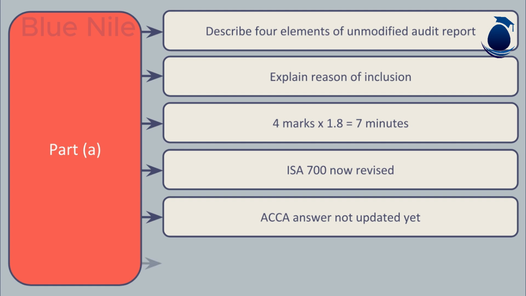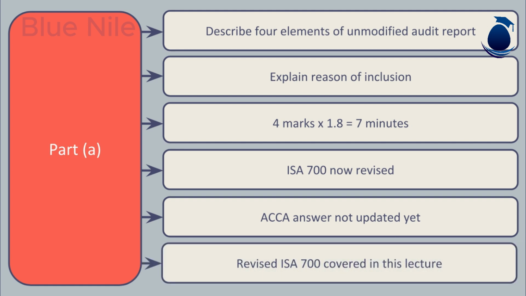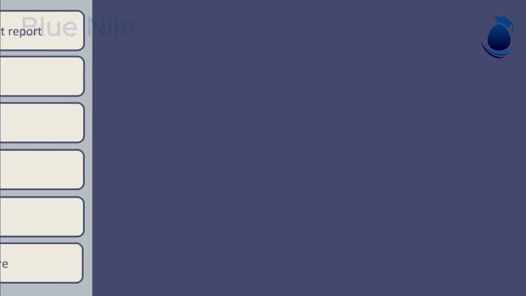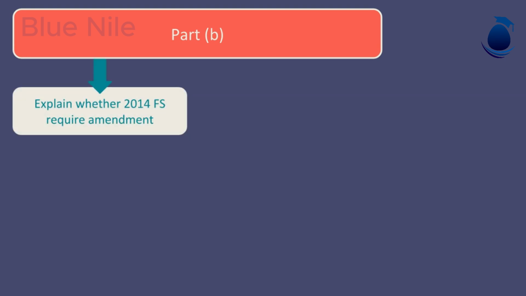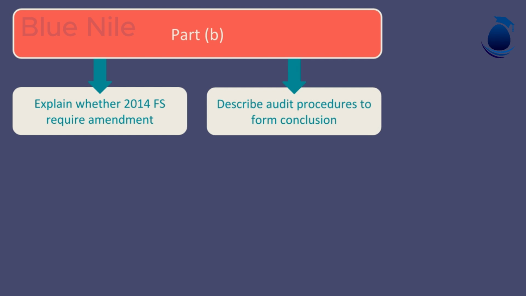I will therefore go through all elements of an unmodified auditor's report as per ISA 700 revised when we debrief this part. Part B is split into 2 parts. Part 1 asks to explain whether or not the 2014 financial statements require amendment. And Part 2 asks to describe audit procedures, which should be performed in order to form a conclusion on any required amendment.